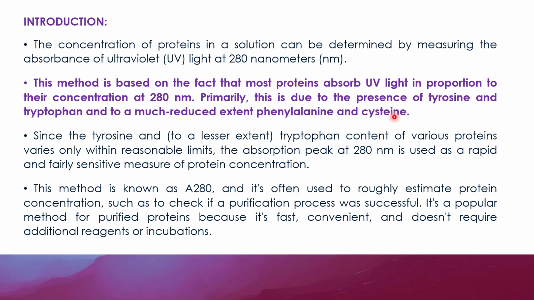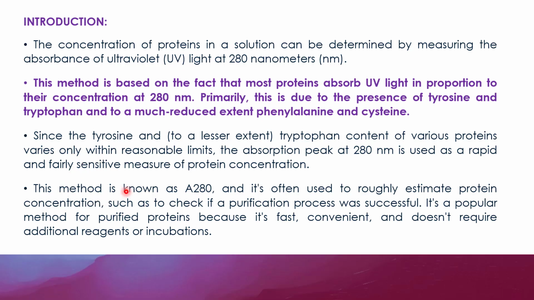And since the tyrosine and, to a lesser extent, tryptophan content of various proteins varies only within reasonable limits, the absorption peak at 280 nanometers is used as a rapid and very sensitive measure of protein concentrations.